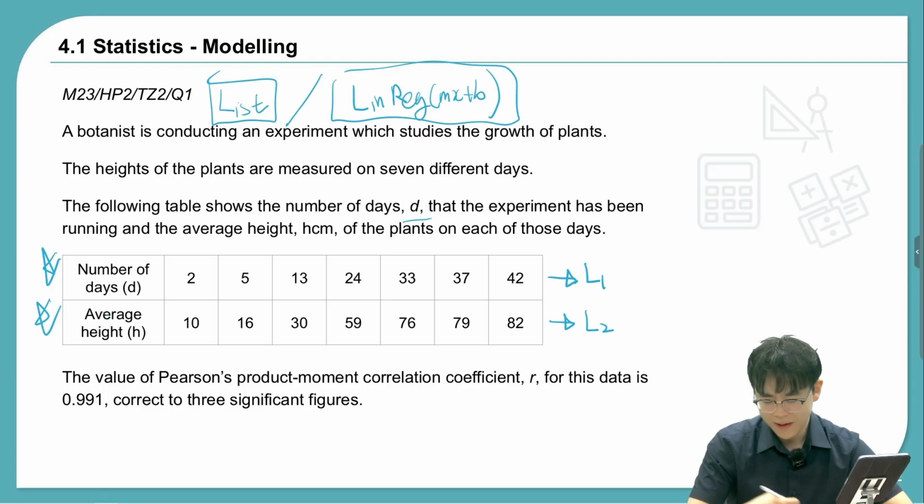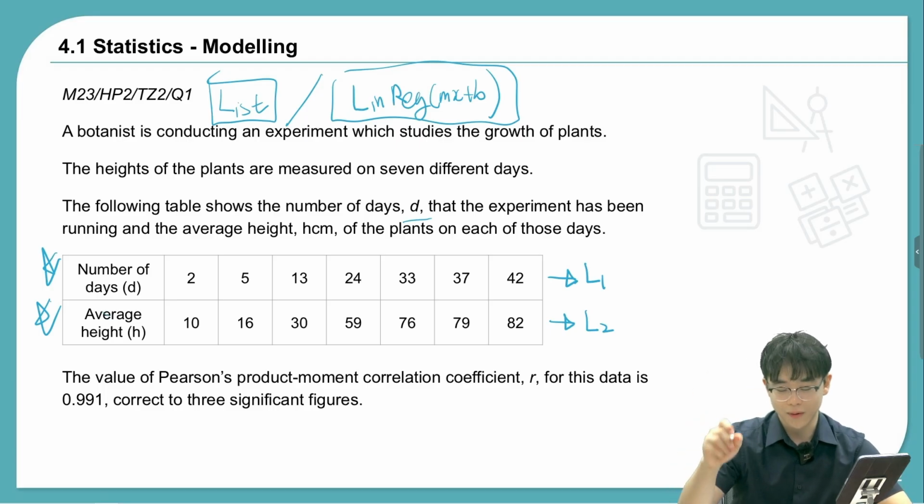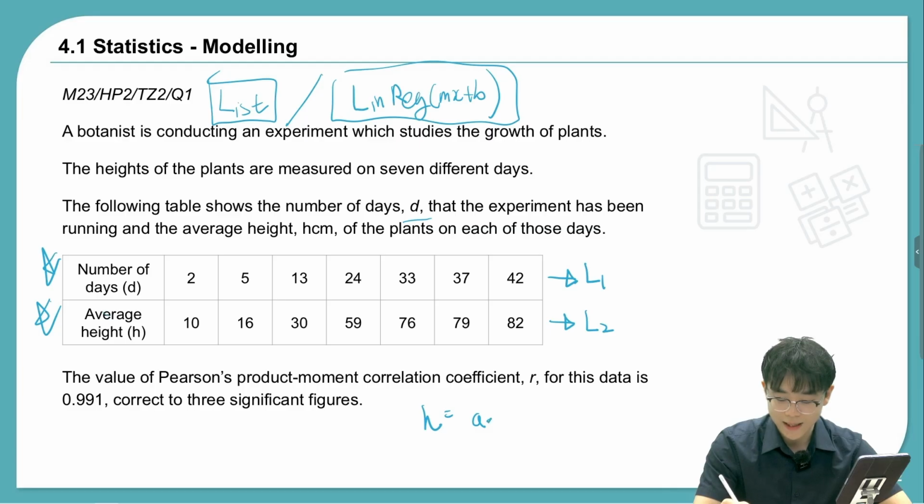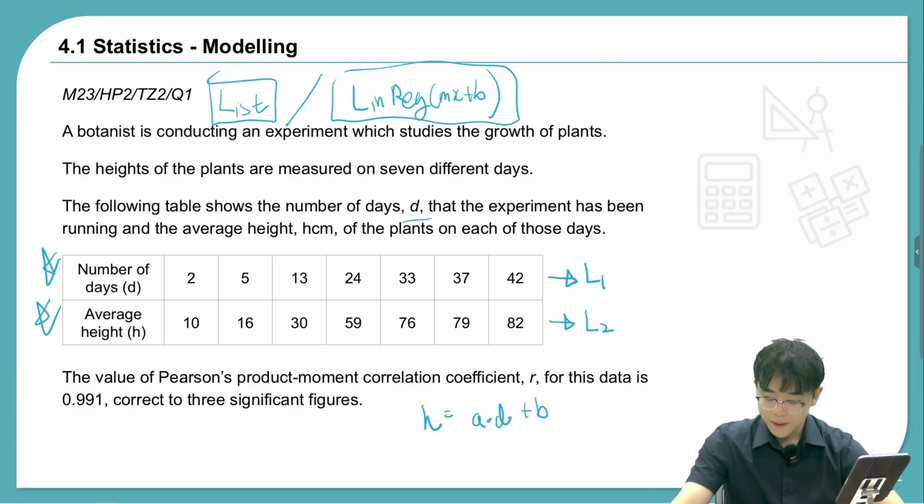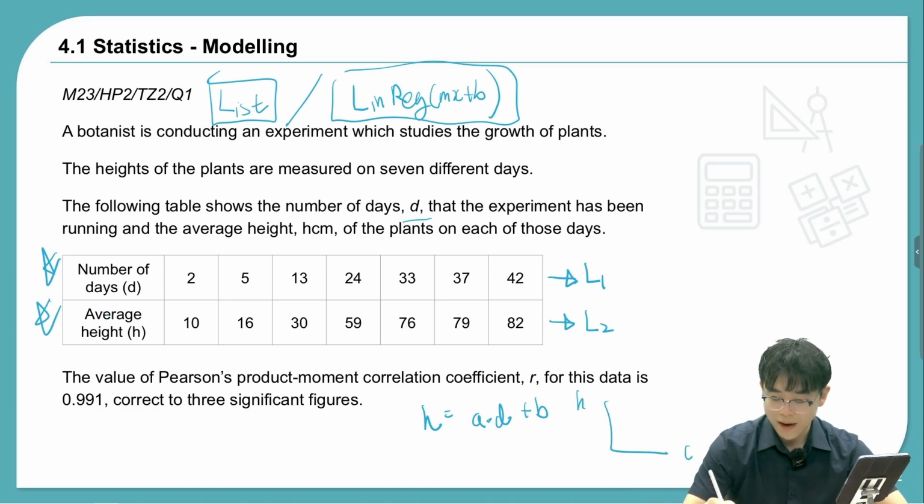So obviously we might expect the plants to get taller with each passing day, and we might suggest that there is a linear relationship where height is given by, say, a times d plus b. Okay, so if you have a number of days passed, we multiply a certain constant to that and add a certain constant to that. So we would end up with a graph where days and height are linearly correlated, right?